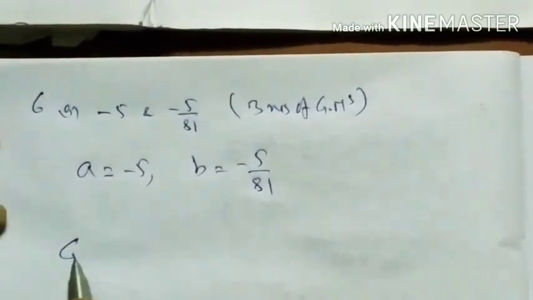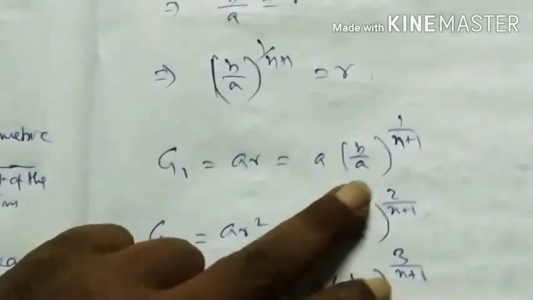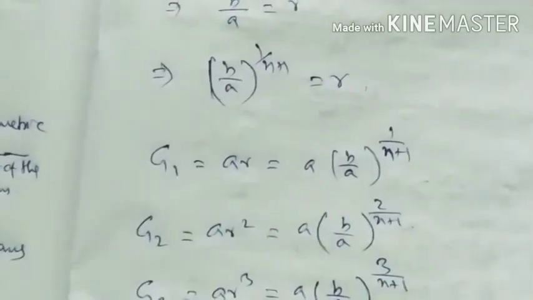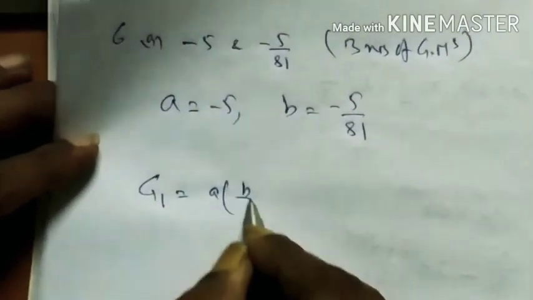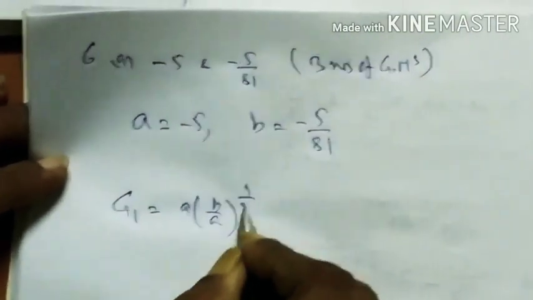Now your G1, this is your formula, which I have given you earlier. G1 is a(b by a) to the power of 1 by n plus 1.